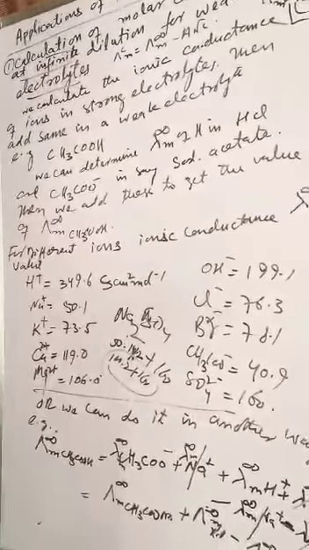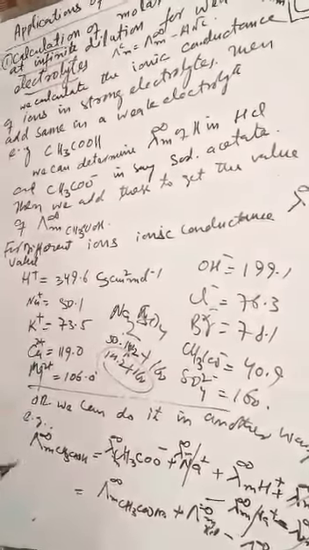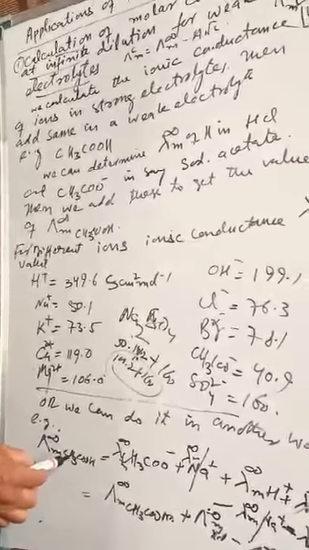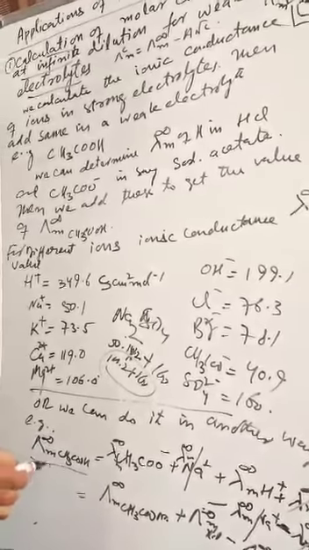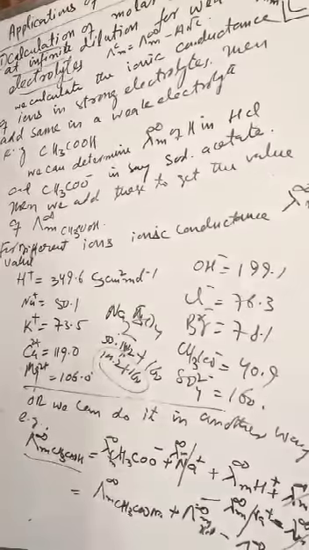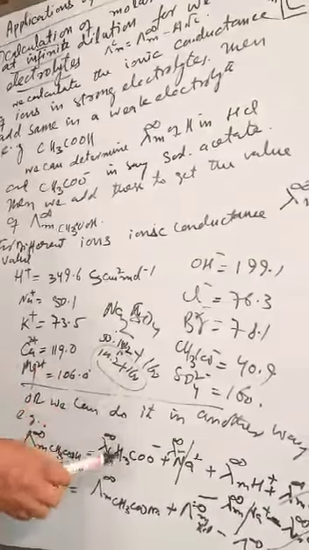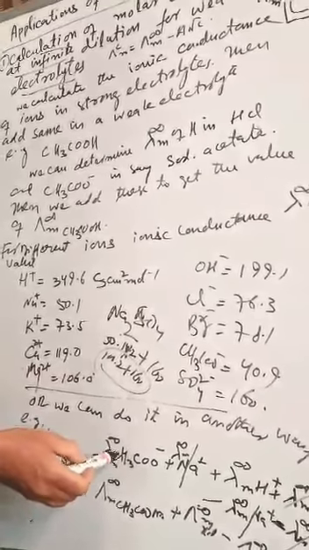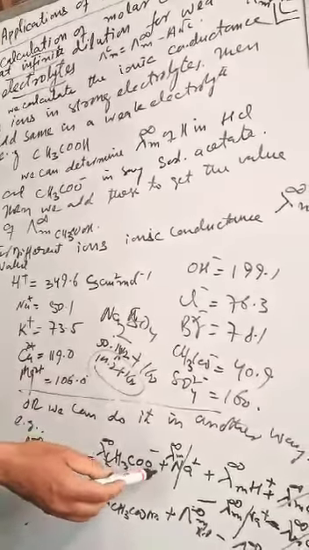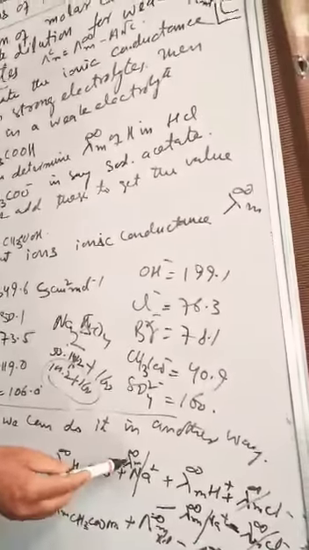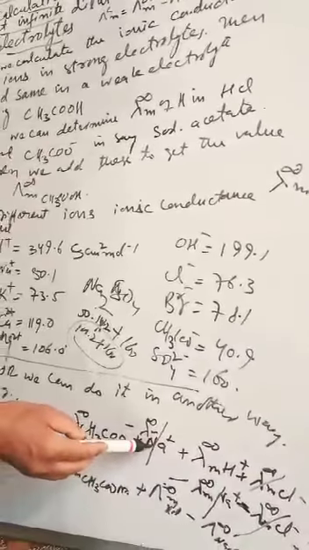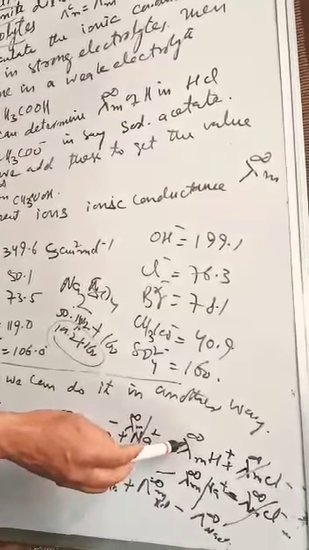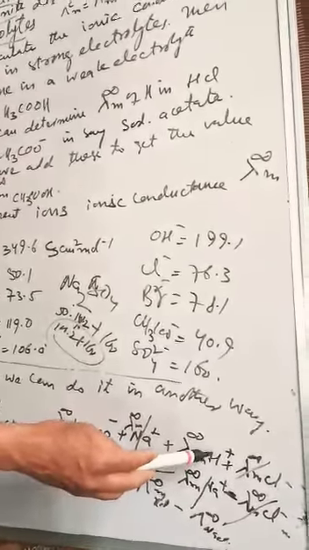We have another way of doing this. Let us see. For example, we have the molar conductance at infinite dilution of acetic acid CH3COOH. We know it is a weak electrolyte, we cannot determine it experimentally. So what we do, we take the molar conductance of the acetate ion, plus we add the ionic conductance of sodium positive, plus the ionic conductance of H positive.